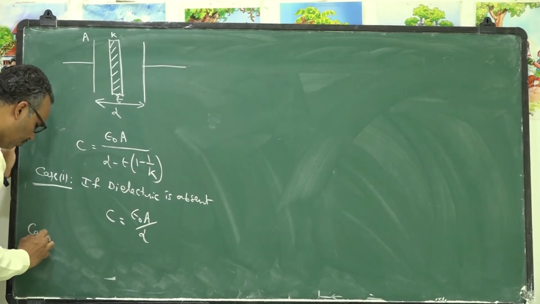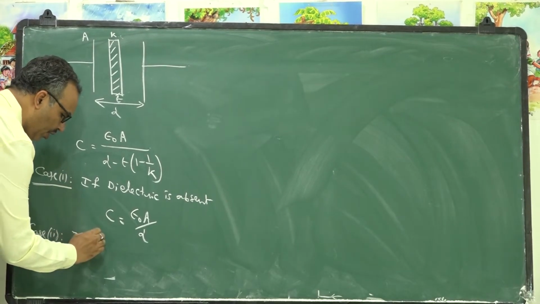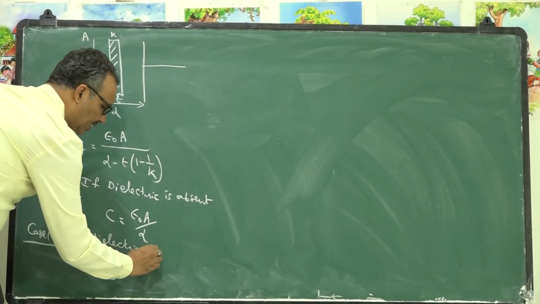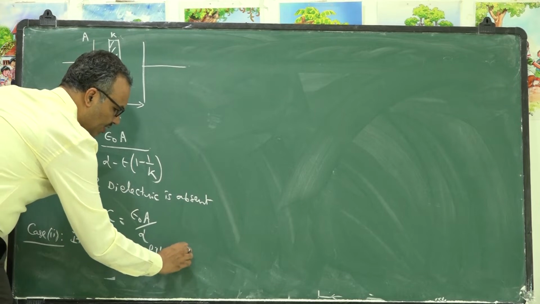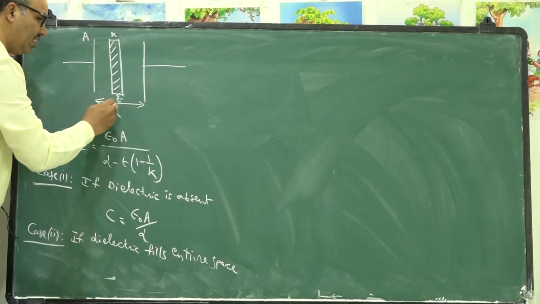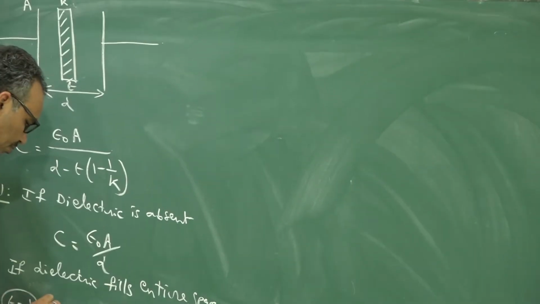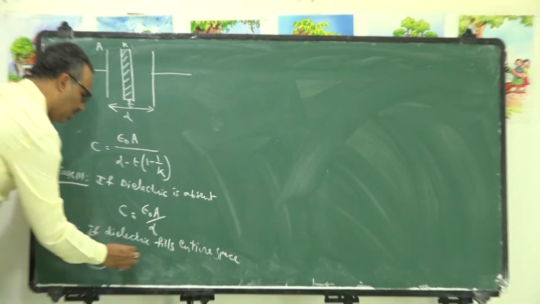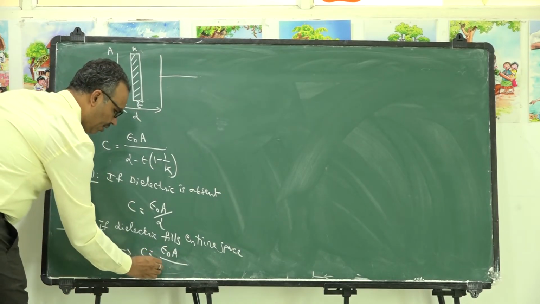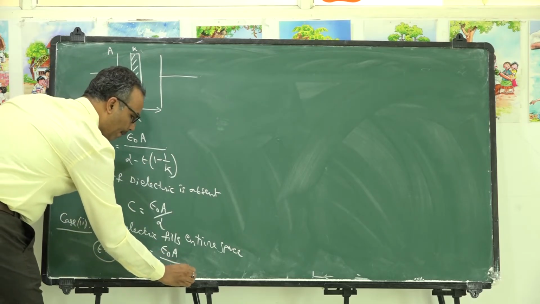Case 2. If the dielectric fills the entire space, that means the thickness of the dielectric is equal to the separation between the plates, T = D. Then this formula modifies this way: C = ε₀A / (D − D(1 − 1/K)).